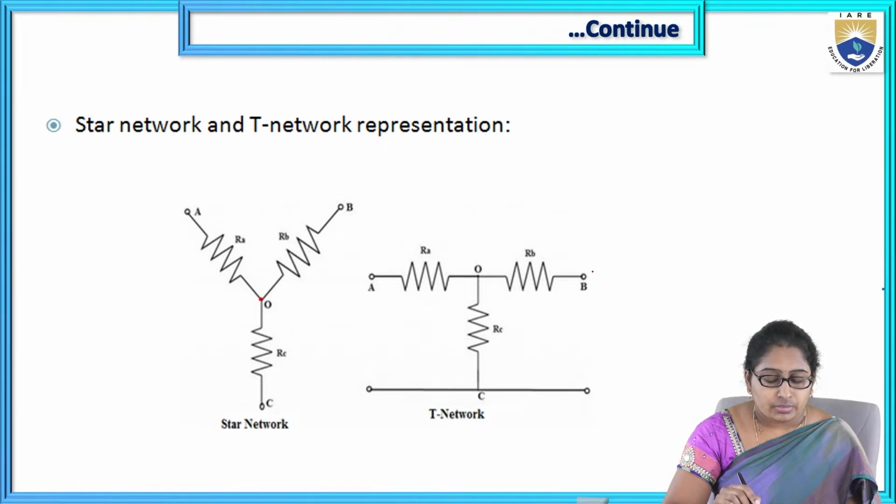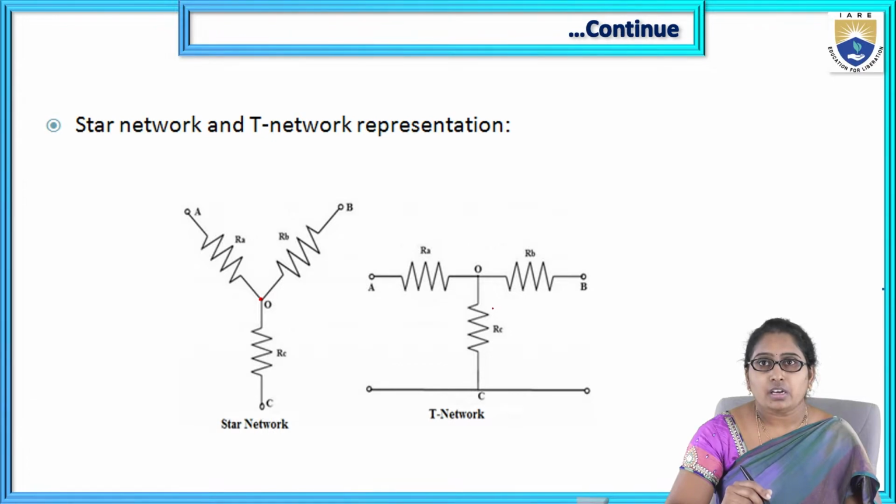Then from the common point O, we draw the third element, resistor RC, vertically, and its other terminal C is at the bottom. This arrangement looks like a letter T. That's why it is called a T network.